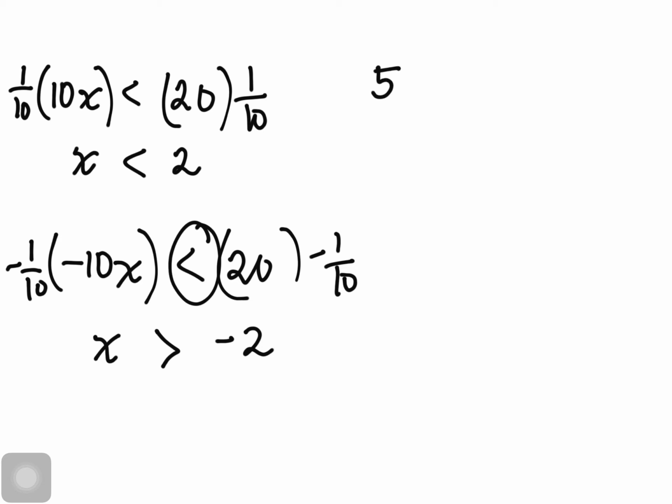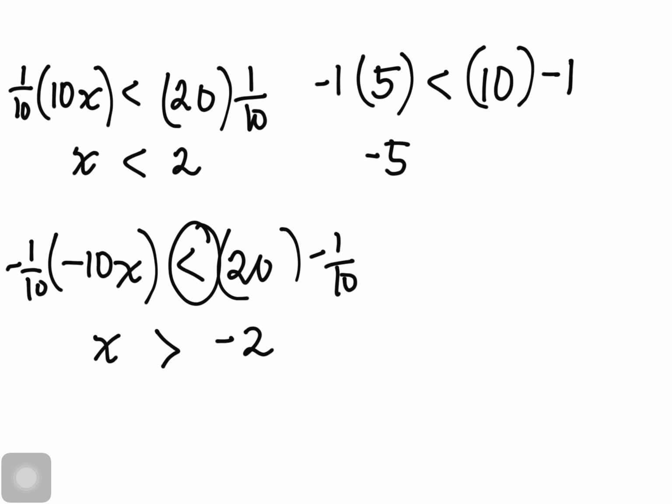Let's say, for example, you have 5 is less than 10. You know that 5 is really less than 10. But if we're going to multiply both sides by negative 1, we'll end up with negative 5 is less than negative 10, which, as we all know, is a false statement. So to make the inequality statement true, we flip the sign.